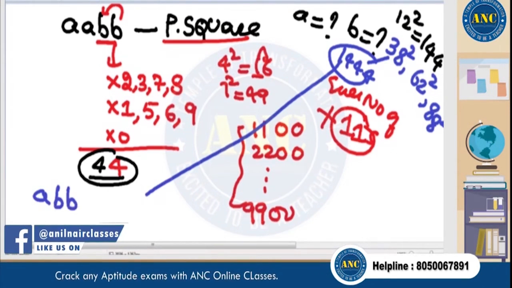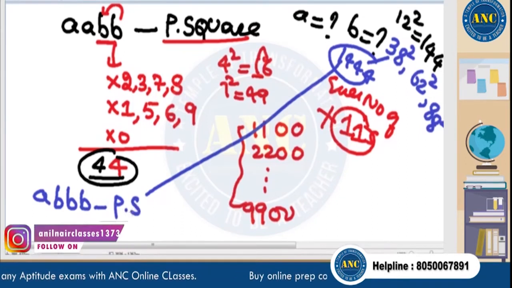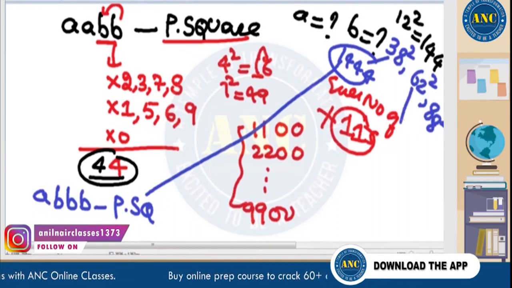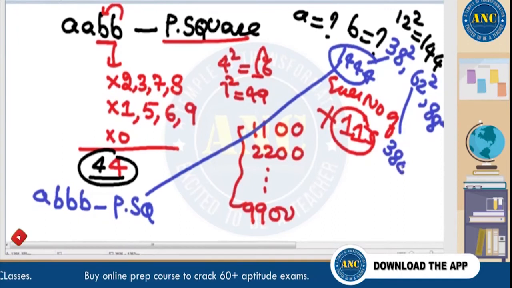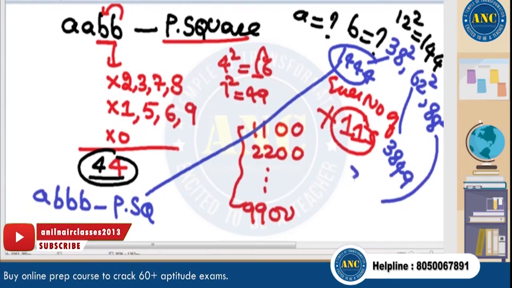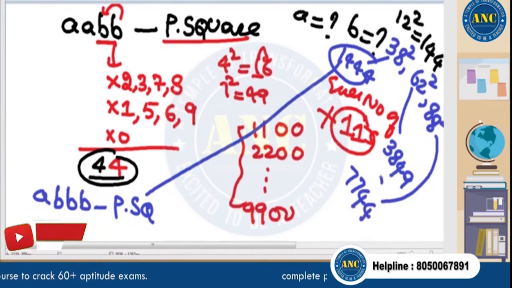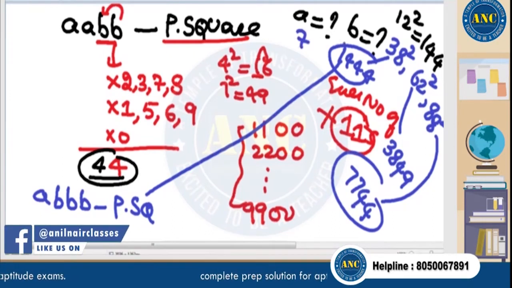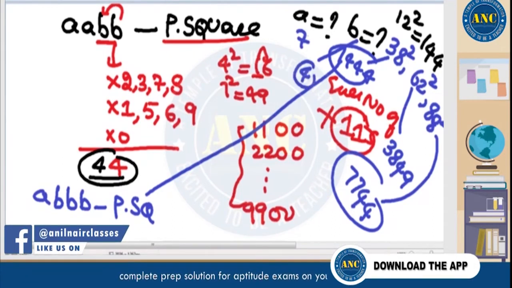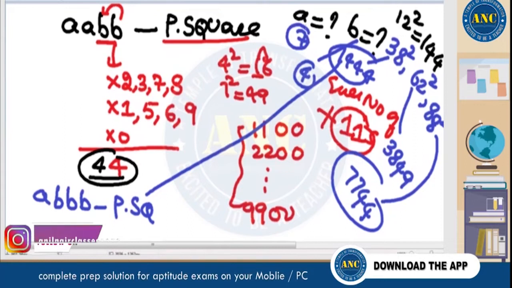ABB is a perfect square. 62 square is 3844. 88 square is 7744. This is the number. A is 7, B is 4.